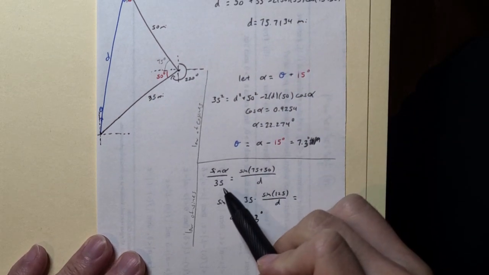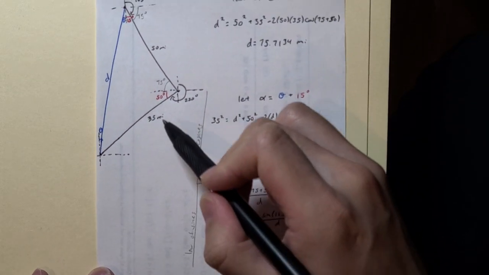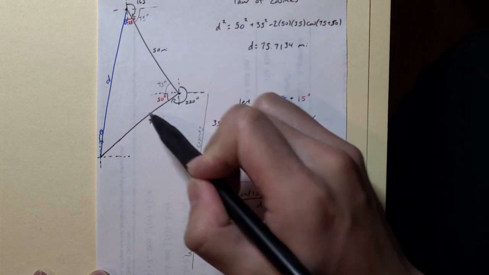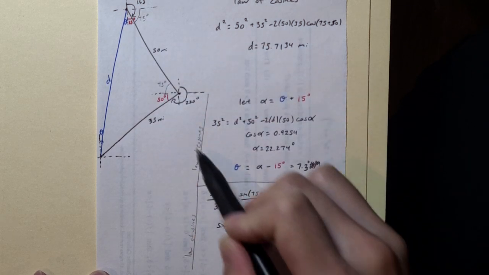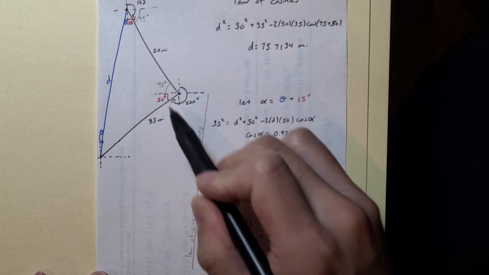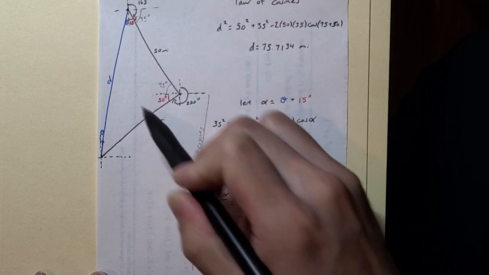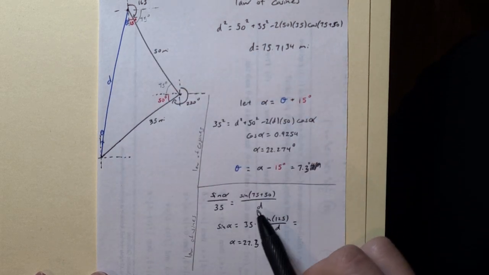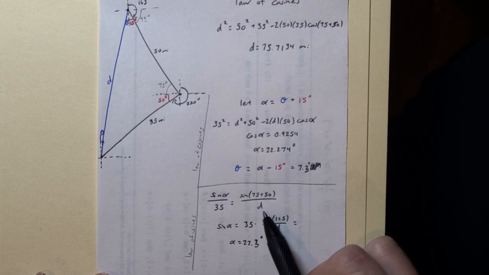You can similarly do law of sines. Sine alpha over 35. This is alpha, so the corresponding side is 35. That ratio is the same as this angle, which we know, sine of 125, or 75 plus 50, divided by D, the corresponding side. Okay?